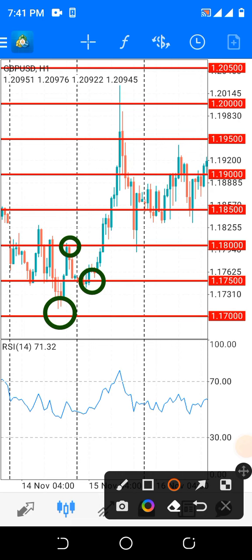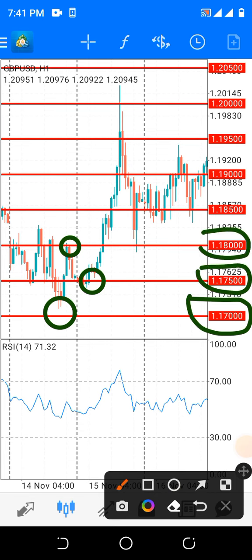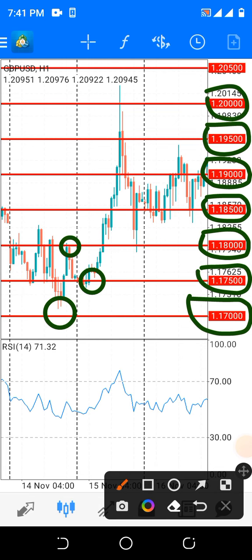Now if you observe the psychological levels, you will see that they are rounded numbers. Each one differs from another by 0.0050. That is the difference between each psychological level of GBP USDT.